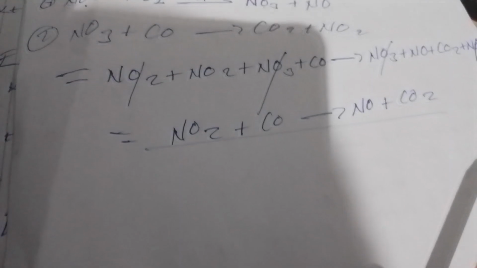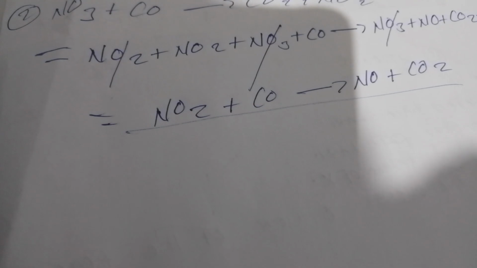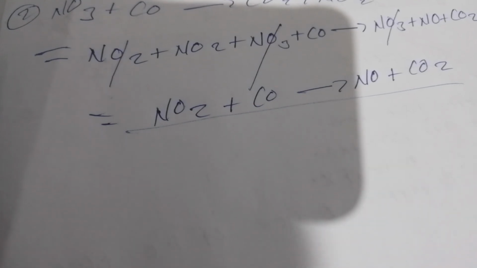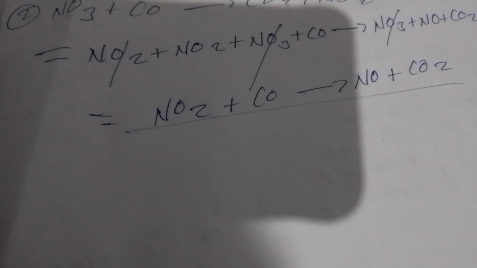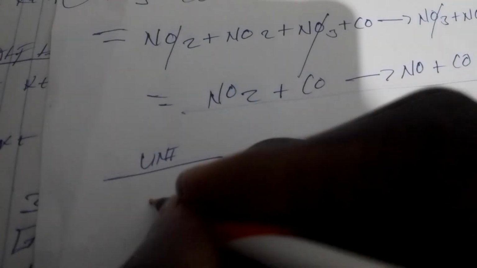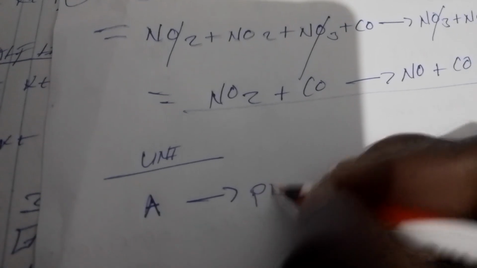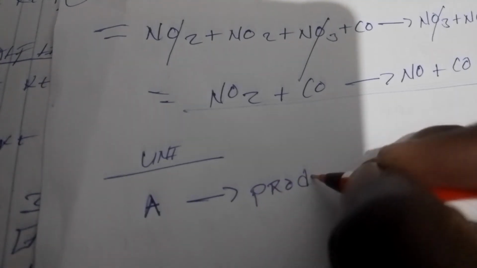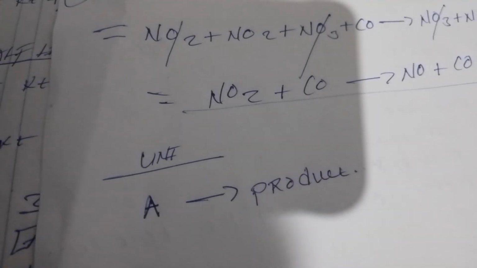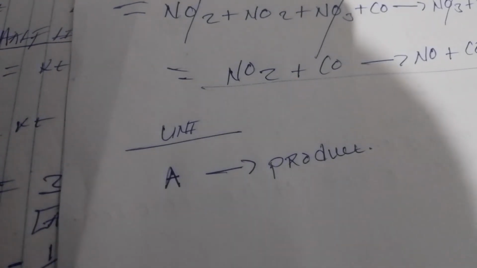Now, like what I said, the collisions in a chemical mechanism are what we call molecularity, which is one of the properties that describe whether it is unimolecular. What do you mean if you say unimolecular? It means we're going to have one reactant producing a direct product, and the reactant always decreases while the product increases.